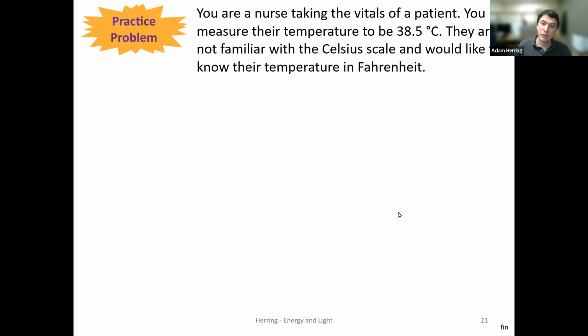Welcome back. So how would we do this? Well, let's start by looking at the relationship between degrees Celsius and Fahrenheit. We saw this on the earlier slide. Now, let's rewrite it here, and we're going to manipulate it. We need to convert from Celsius to Fahrenheit, so we're going to need to solve this equation for degrees Fahrenheit.